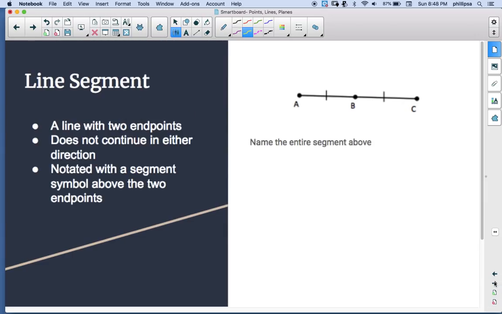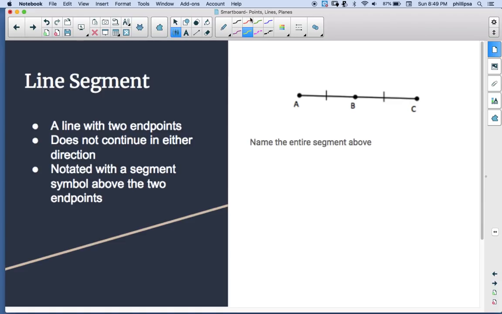Okay, so we talked about a line, and a line extends infinitely past its endpoint in both directions. That should not be confused with a line segment, where a line segment would stop at its endpoints and not continue in either direction. It would have its own notation. It would be notated with a segment symbol on top of the 2 endpoints.